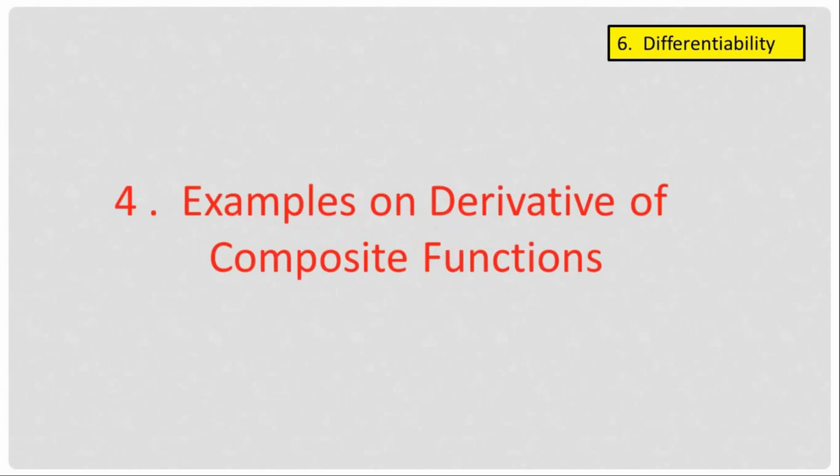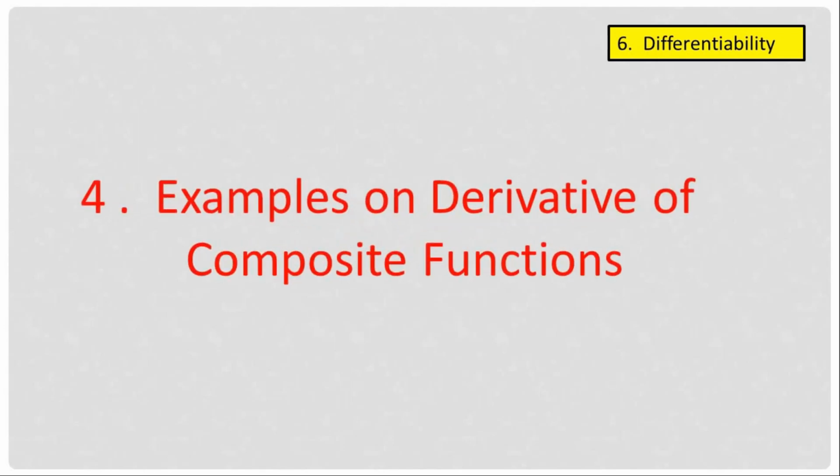So now in this video I am going to discuss examples on the derivative of composite functions of another type. That means you are learning one more type of composite function and examples on that.